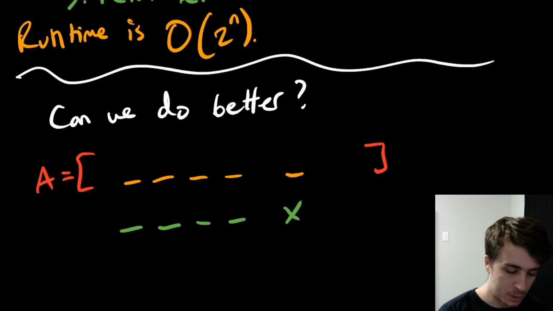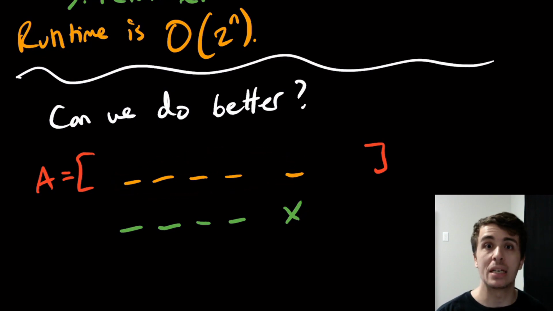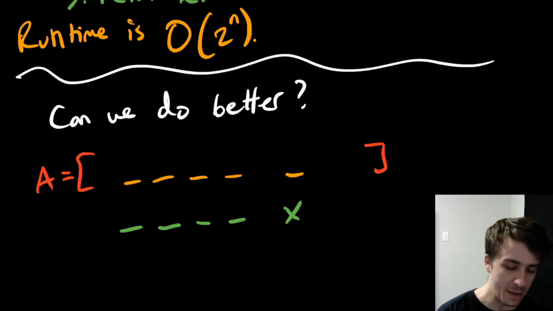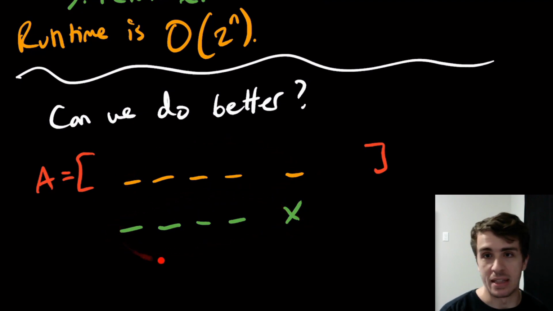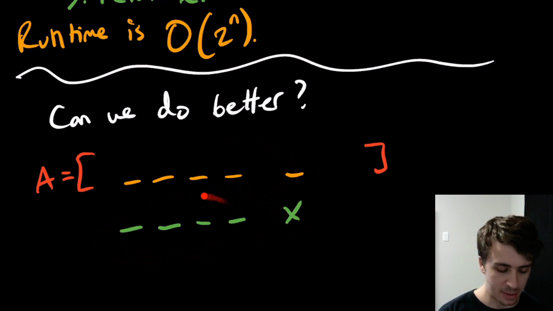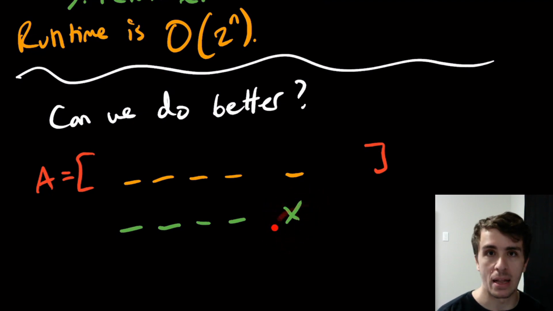I'm looking at this subset, and I want to know what is the longest increasing subsequence among these 5. Well, whatever it is, it can't be wildly different than this subset of green, than these 4 right here. So if the longest one here happens to be 2, then it can't be that this one is 4 or 0, right? Because I'm only excluding one element.